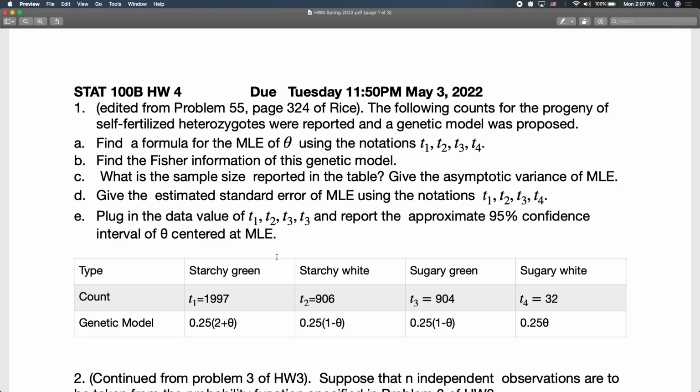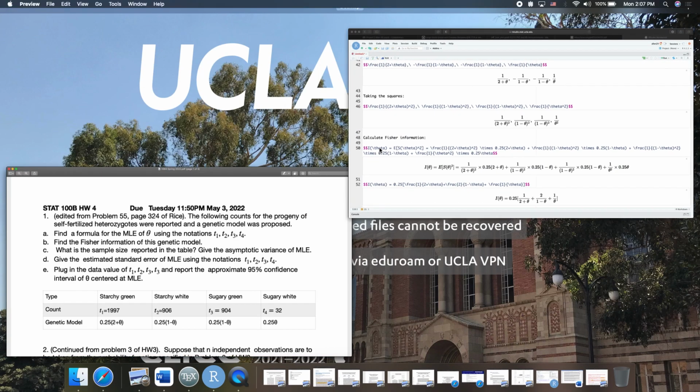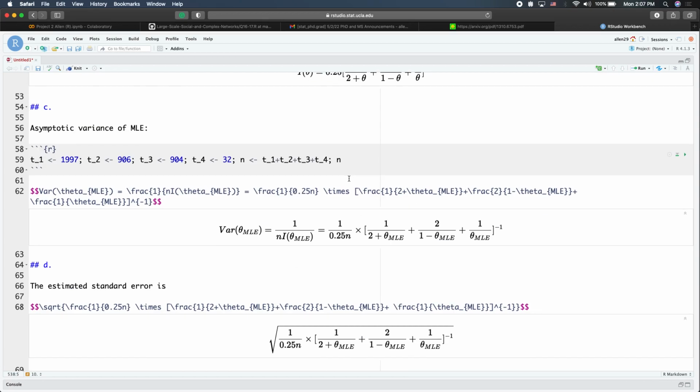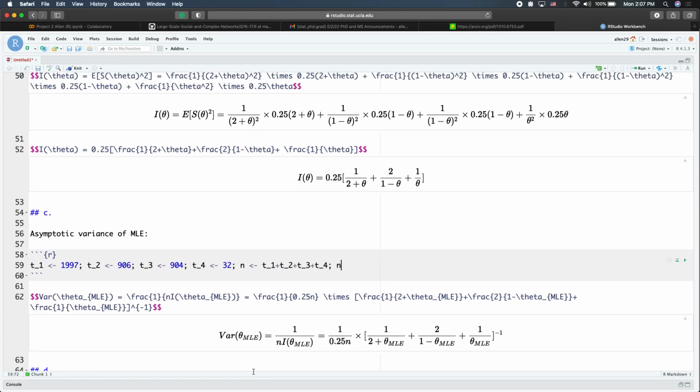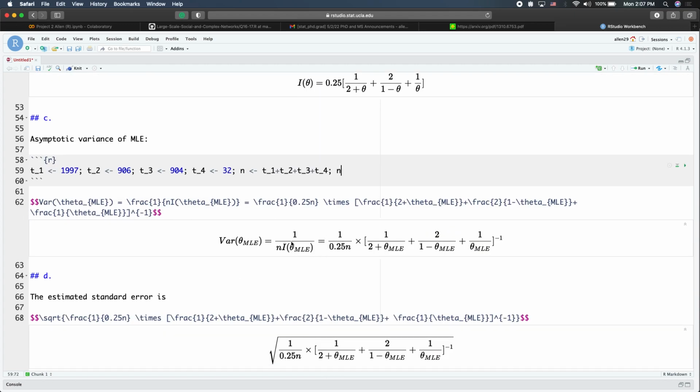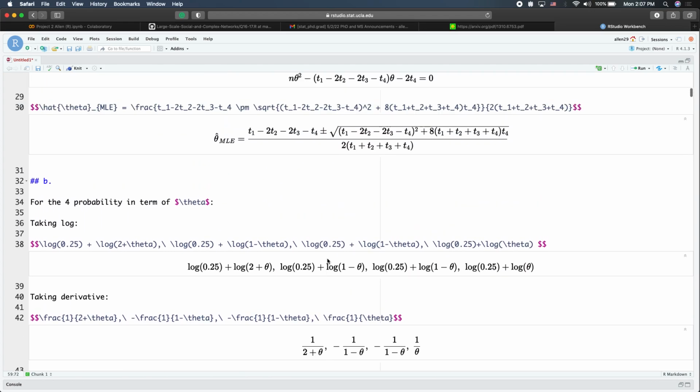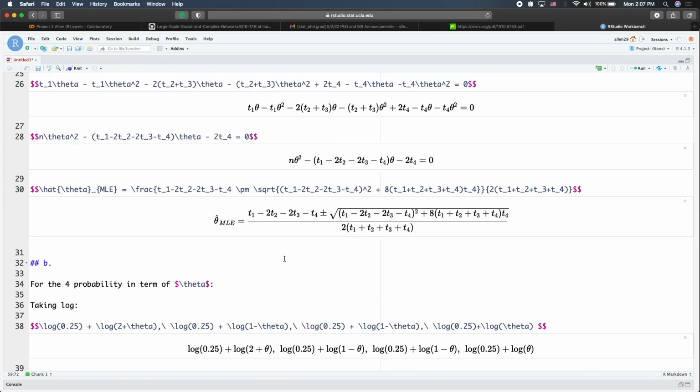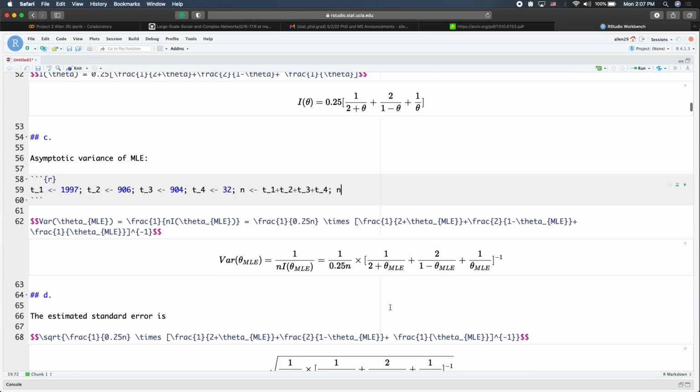And then for C, sample size and asymptotic variance. The sample size is just the sum of all occurrences, which gives us n. The asymptotic variance is n multiplied by the Fisher information, take the inverse, where theta MLE is the one that we get from part A, or you can just use theta MLE as the notation.